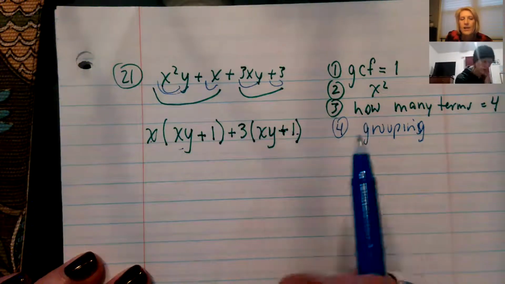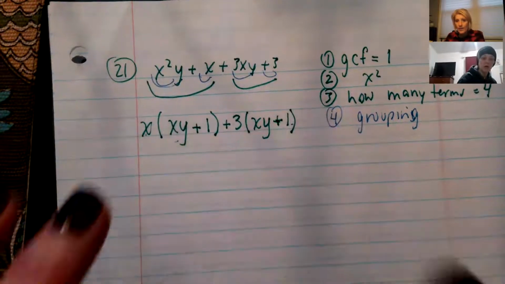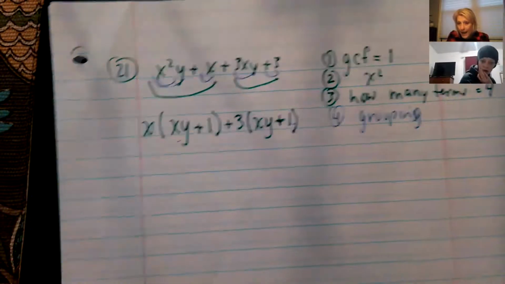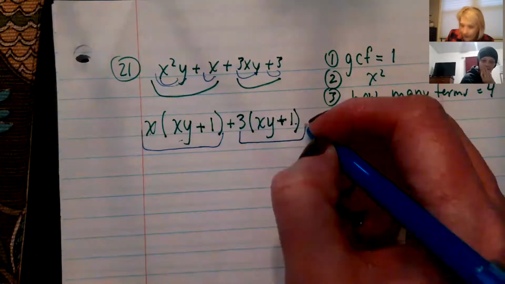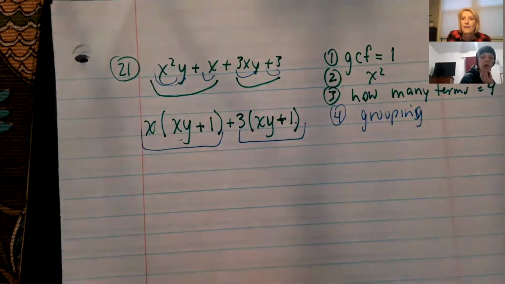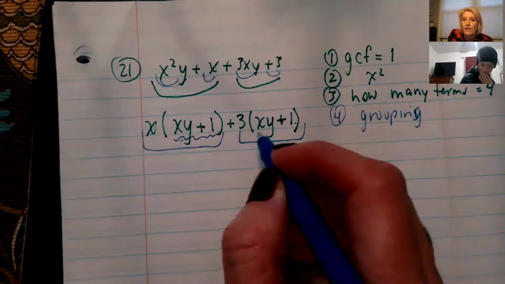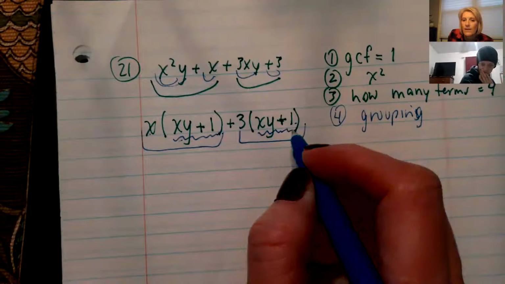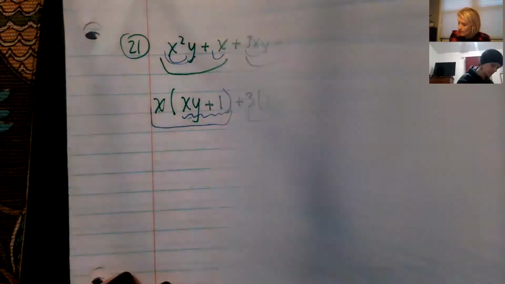Got it. Okay. And so now, if you look at this, what do these two terms have in common? XY plus 1. So that whole binomial comes out just like we did on the last problem.